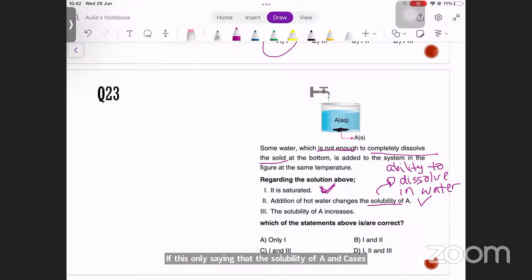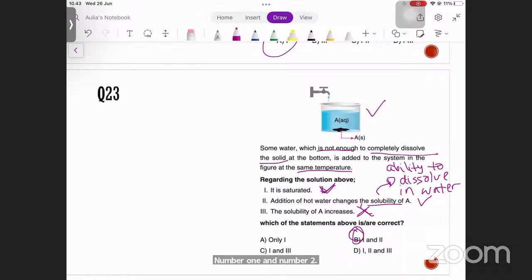So, without any other statement, when the condition remains unchanged and the temperature stays the same, solubility will not change at all, neither increase. So statement number three is incorrect. The correct ones are number one and number two.